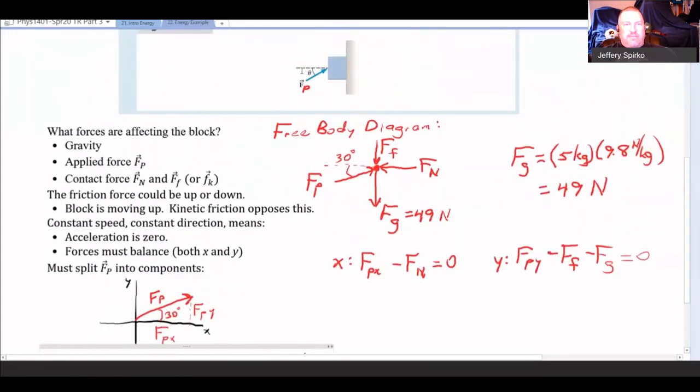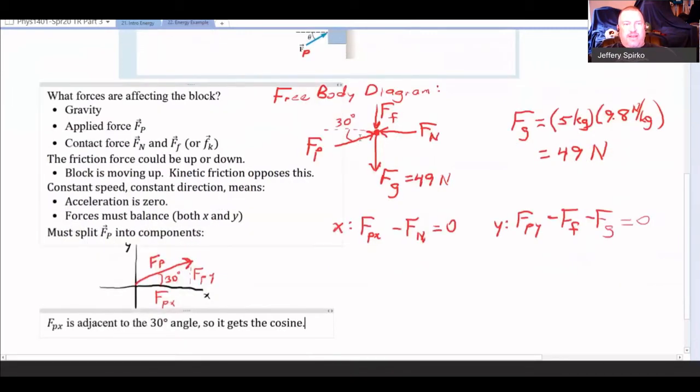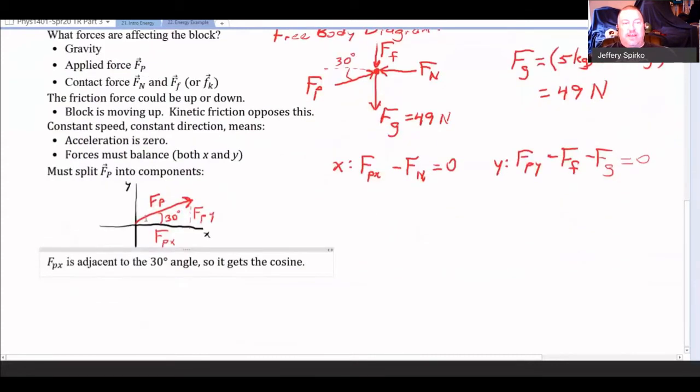Now we could see that from the original diagram. We can see the angles measured to the horizontal. So that's always going to make that angle adjacent to the x component. We can see it here in the free body diagram, and we can see it in this little diagram for just the force vector.